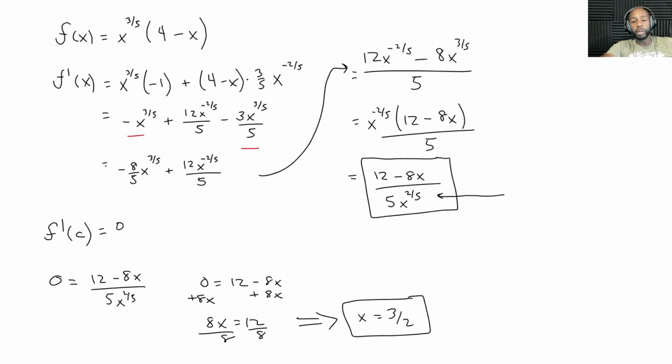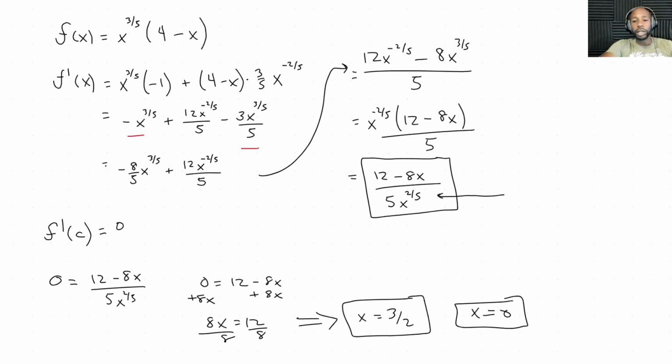What if x is equal to zero? If x is equal to zero, then the derivative doesn't exist. So that also means that x equals zero is a critical number, because that is a place where the derivative does not exist.